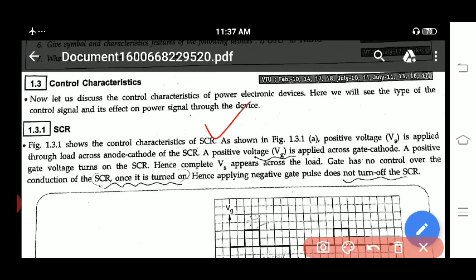Control characteristic of this SCR. Positive voltage VS is applied through the load across anode to cathode of the SCR. Positive voltage VG is applied across gate to cathode. A positive gate voltage turns on the SCR. So here we have seen VG will turn on the SCR. Hence VS appears across the load, so you will get V0 equal to Vs. Gate has no control over the conduction of SCR once it is turned on.